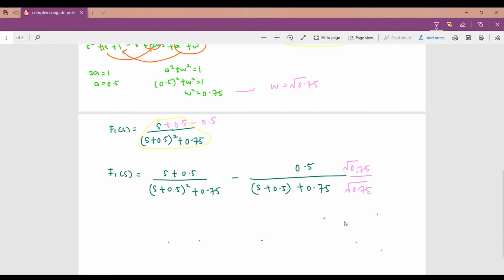Okay, so after that, F1 S is S plus 0.5.